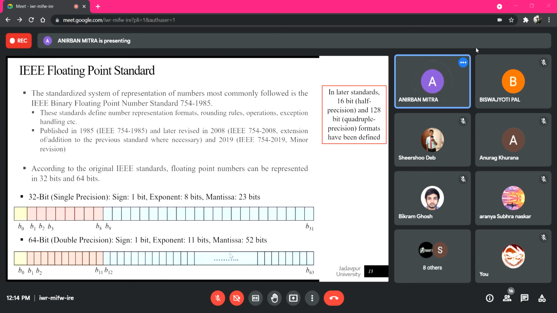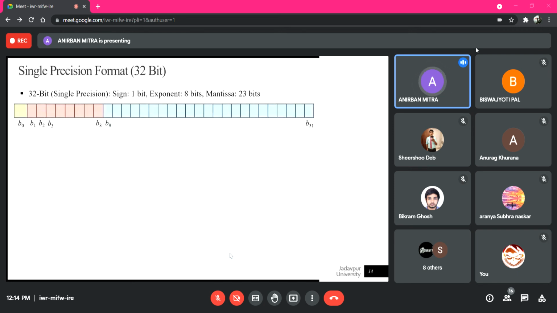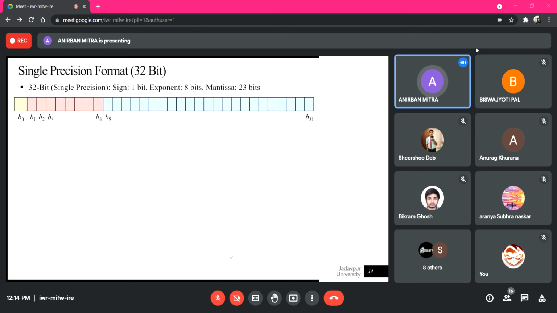It's not an assignment that you need to submit, but do go through it with hand calculations. The steps and procedures are very similar, so it should not be a problem. So let us look at the 32-bit single precision format.